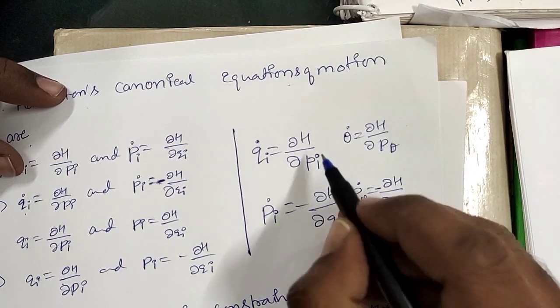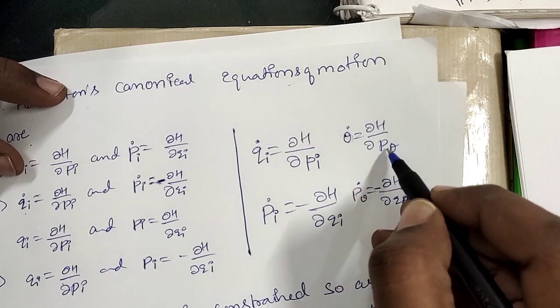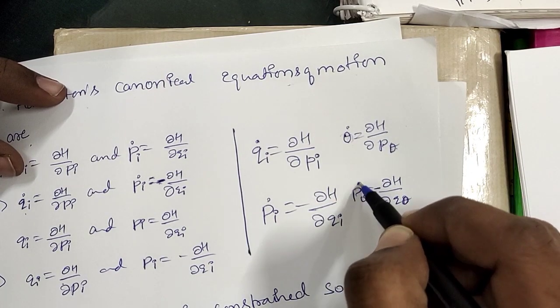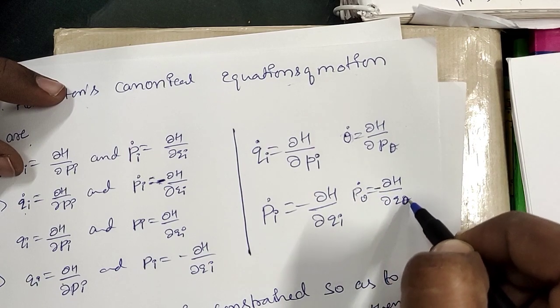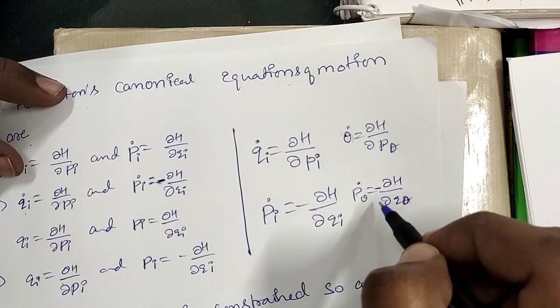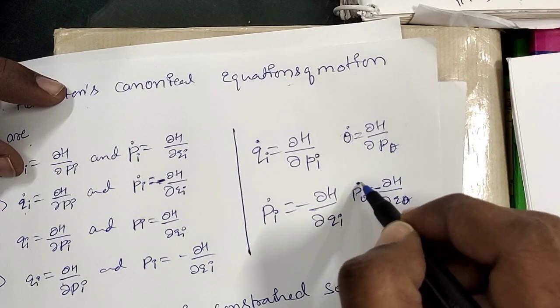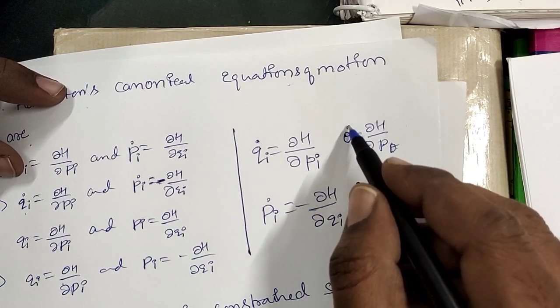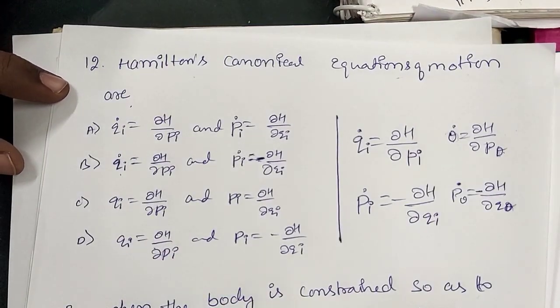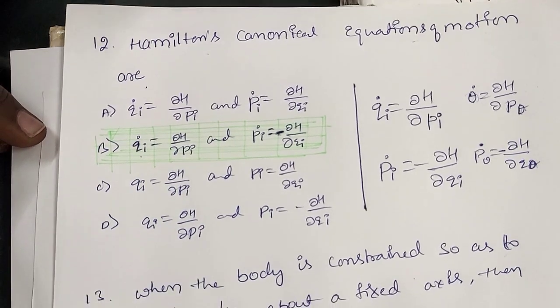If this is R dot, then this is PR. If this is PR dot, then it is QR. So like that, coordinate and momentum. If momentum has a dot, it is minus, and if the coordinate has a dot, it doesn't have minus. So option B is correct.